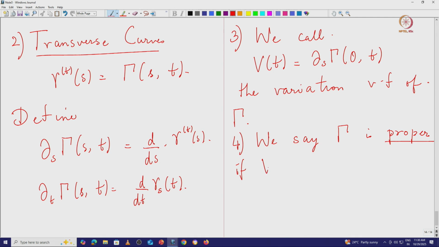So, if for all s, gamma s at A is the same as gamma at A, and gamma s at B is the same as gamma at B. So, the endpoints are kept fixed.